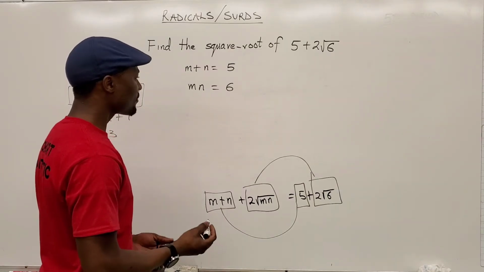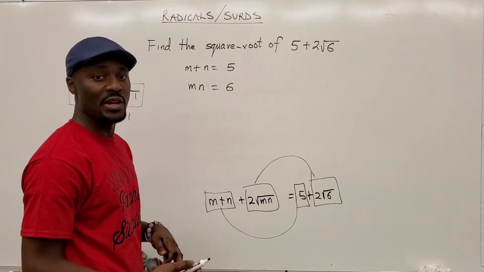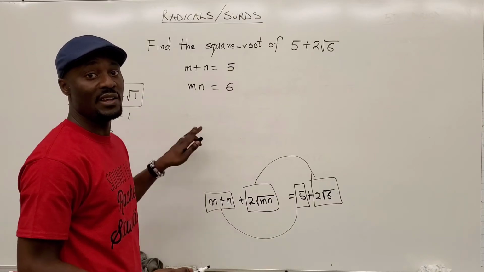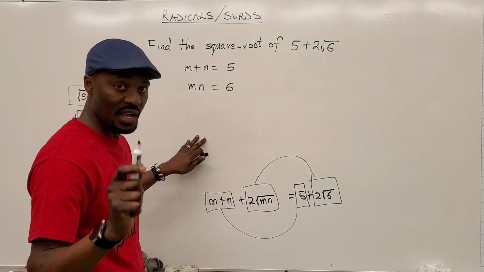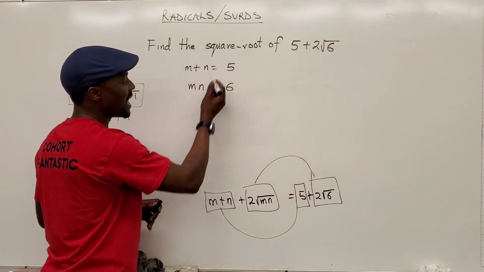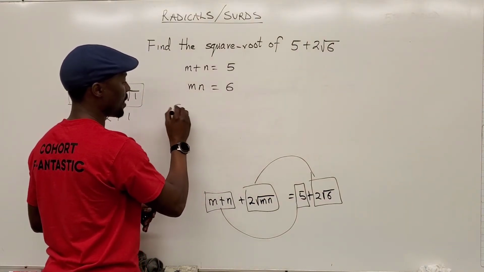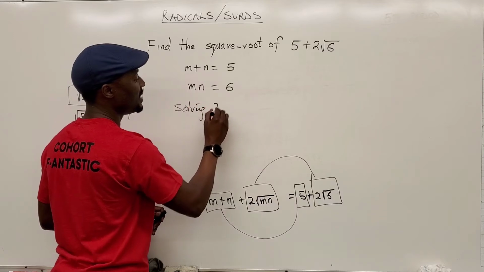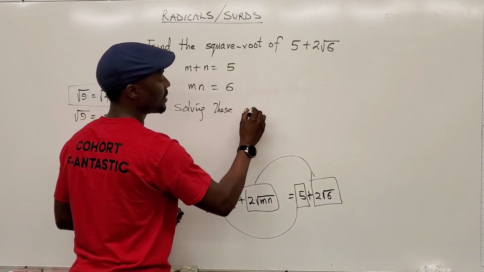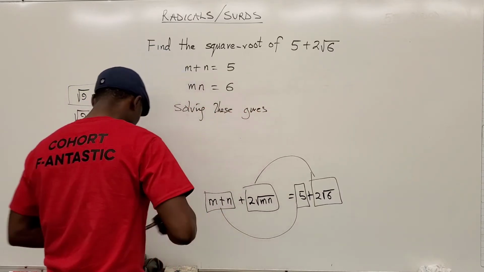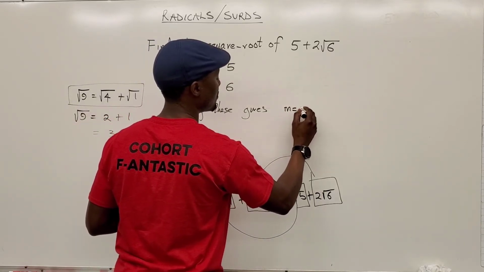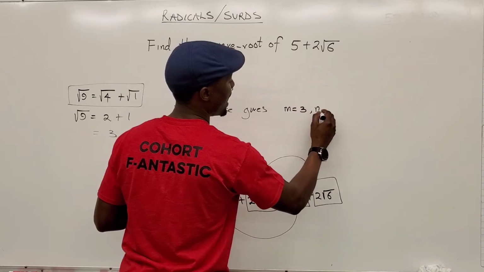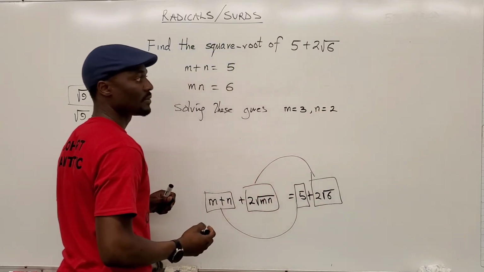Instead of solving a quadratic equation, I'm just going to write the answer and I'll leave quadratic equations for another day. However, I need to show you something else you need to do. So right now from here, solving these gives m equals 3 and n equals 2.